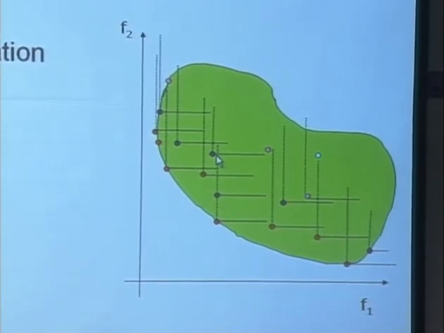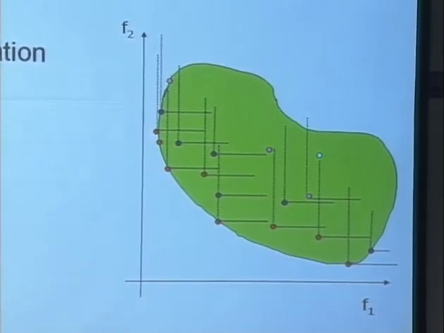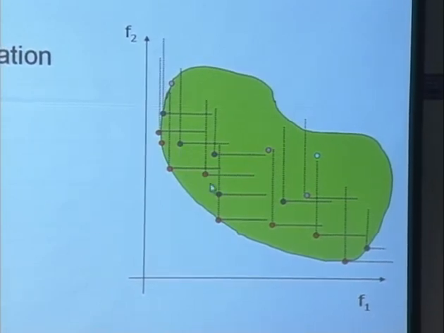This is a twisted terminology, but it will become clearer as I explain. Now, if I compare this solution and this solution, still we cannot say that one is better than the other. So, both of them will still be considered non-dominated with respect to each other.